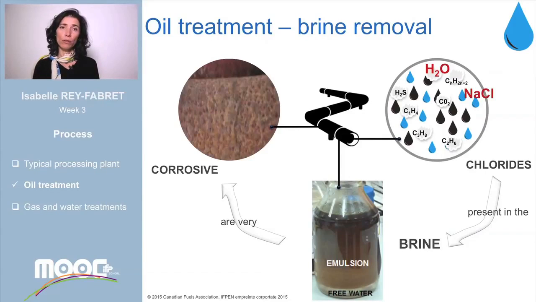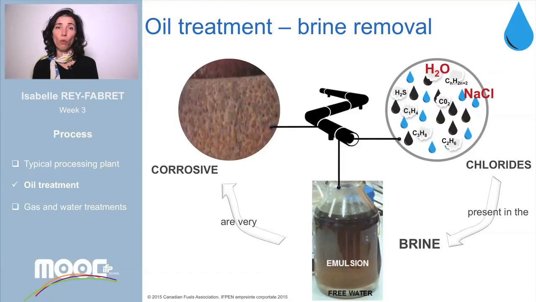Most often, water or brine, salt water, is present in the crude oil as free water and or as emulsion. Chlorides present in the brine are very corrosive for the steel equipment, such as the flow lines, the pipelines, tanks, and so on. It is the case for hydrogen sulfide and carbon dioxide.